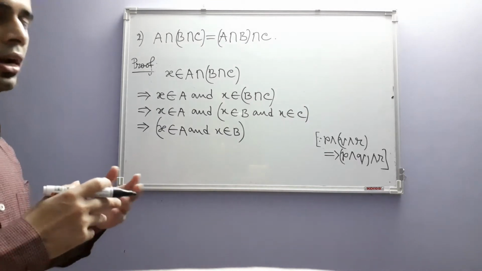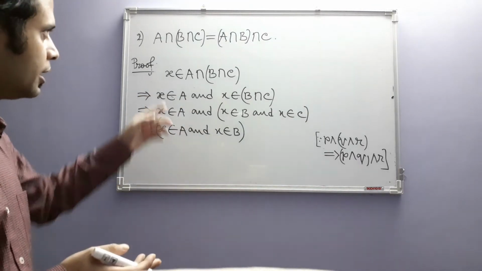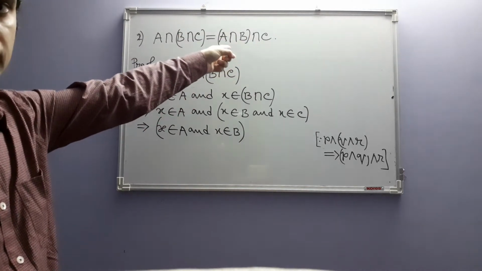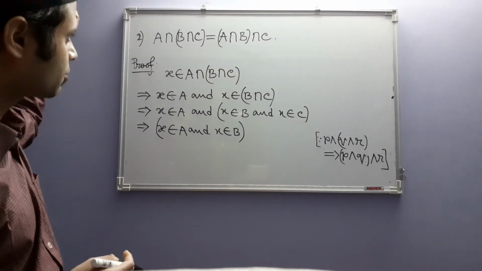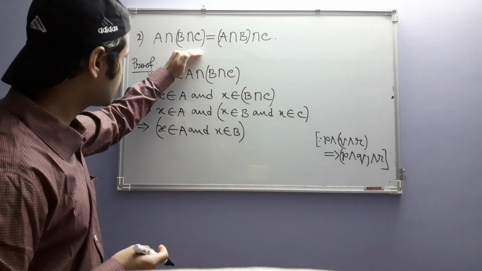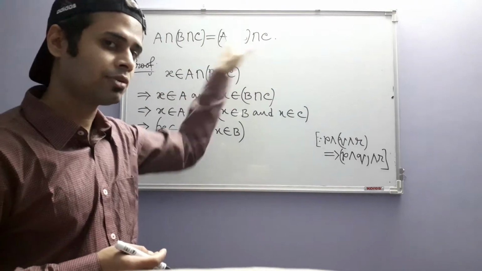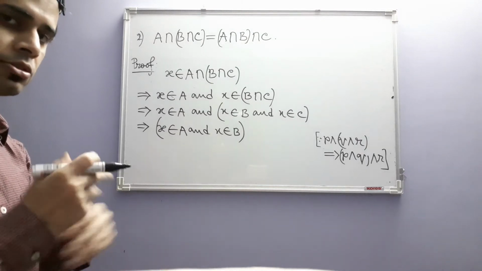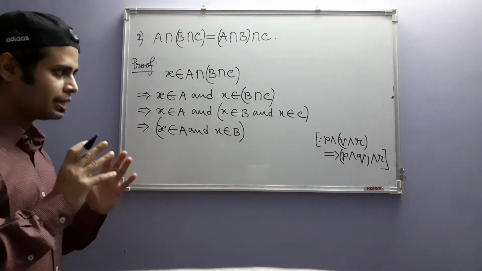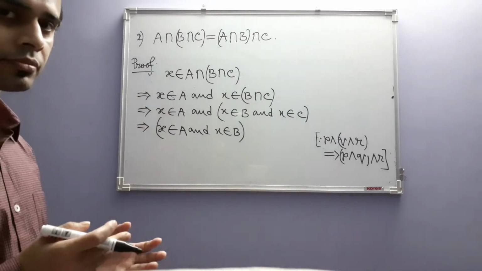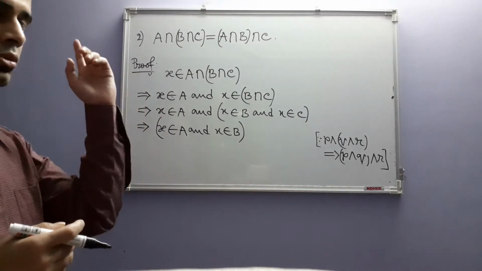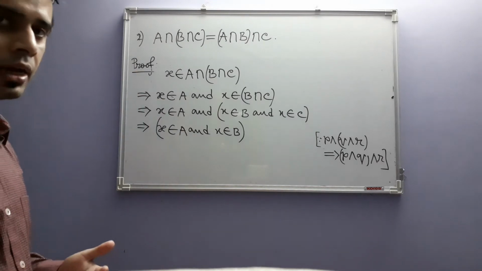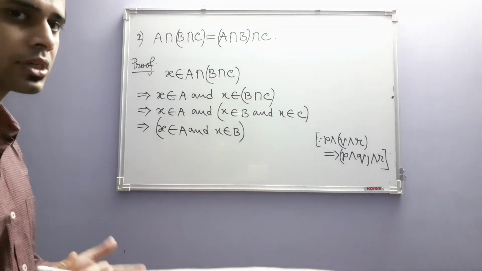Then they feel like this should be a result. Here you know that something has been asked to prove, so you know beforehand that it is true, and you have to proceed in this way: you have to take this set, show that it is a subset of this, and vice versa. That way you can prove. But sometimes the path that you have to take is not clear. So then what does the mathematician do? He or she will recall things from experience, and that will help the person formulate some strategy.